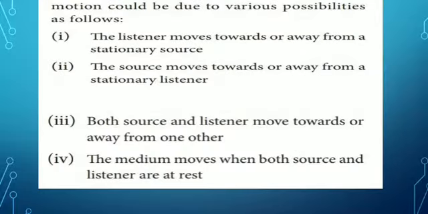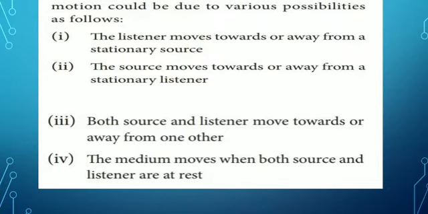Now, this Doppler effect, or the motion between the source and the listener, could be due to various possibilities as follows. There are four possibilities. The first one is the listener moving towards or away from a stationary source.